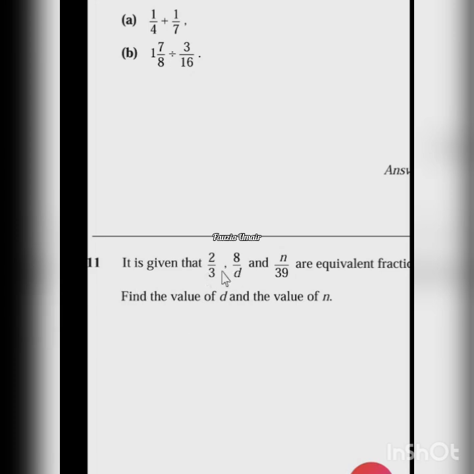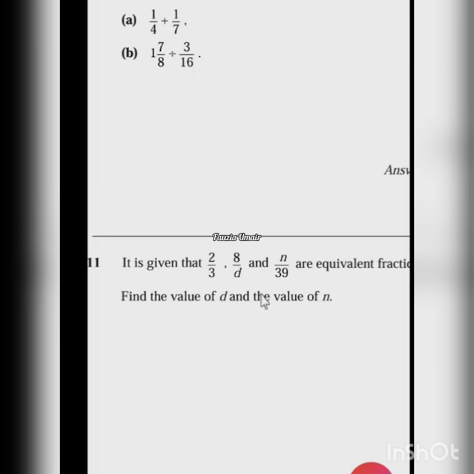So can anyone tell me what is n? What is n? Variable. No, how can we find the value of n?